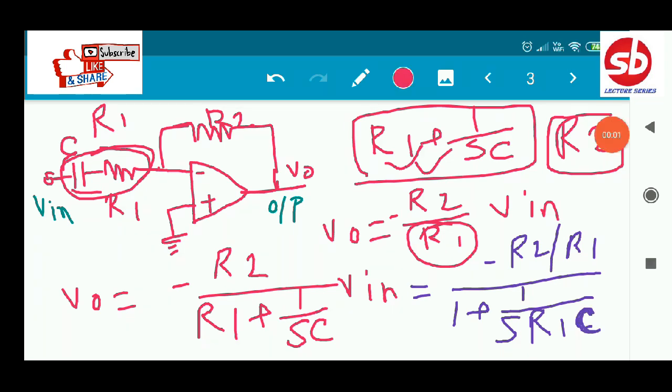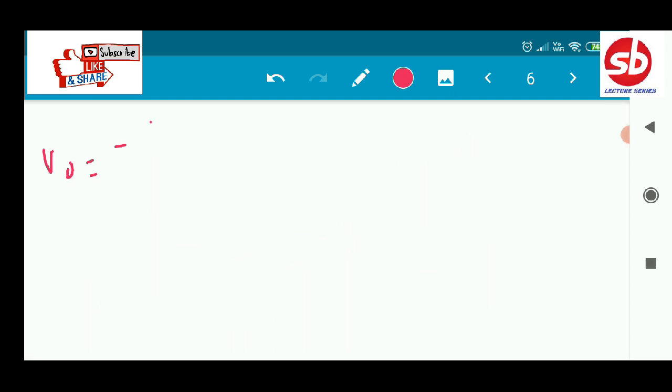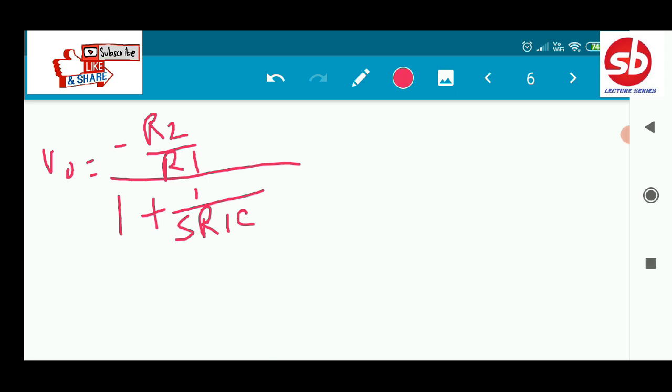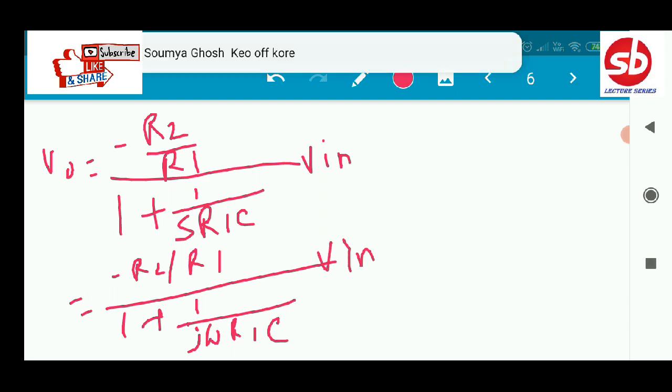So V0 equals minus R2 by R1 divided by 1 plus 1 by S R1 C, into Vin. We just replace S equal to J omega. So minus R2 by R1 divided by 1 plus 1 by J omega R1 C, into Vin.